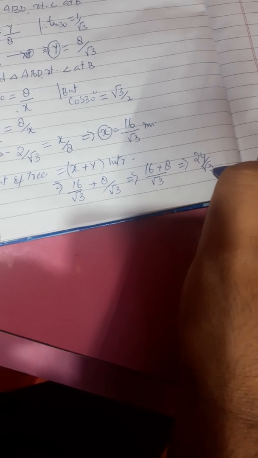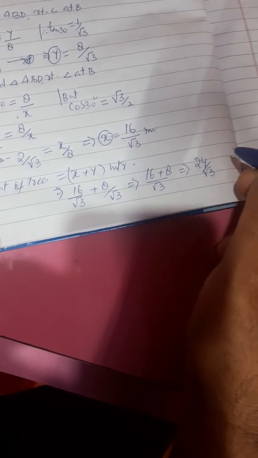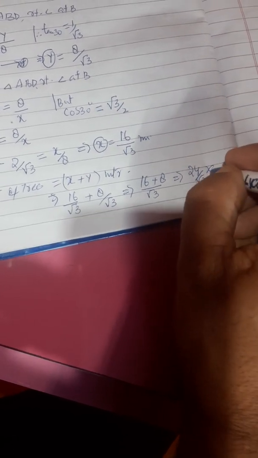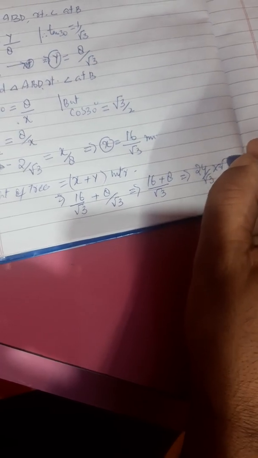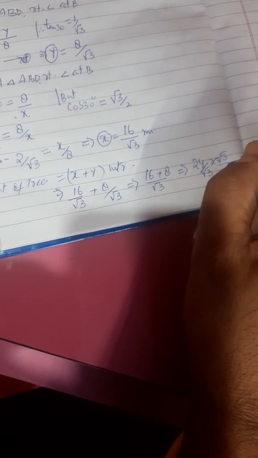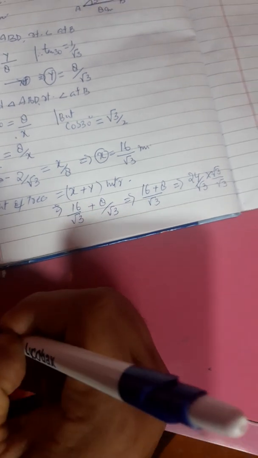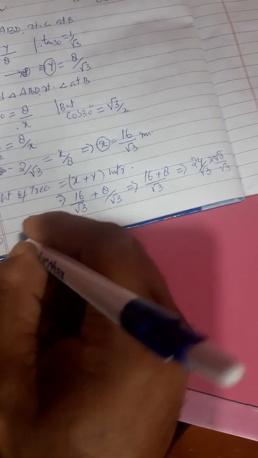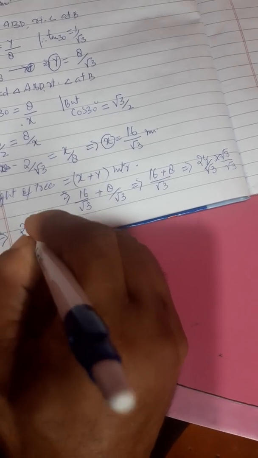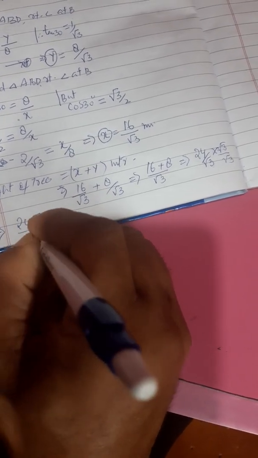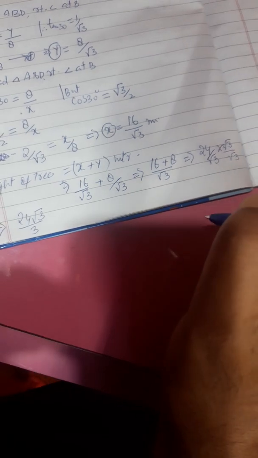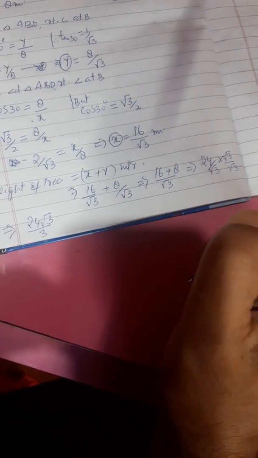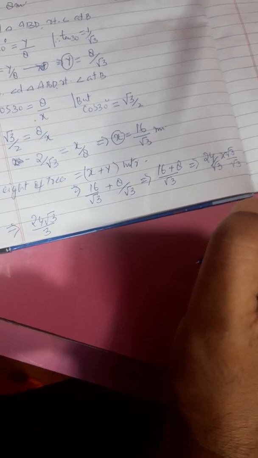But dear students, we have a root in the denominator, so we will go for rationalization. We will rationalize it by under root 3 by under root 3. That will give us 24 under root 3 by 3 only, because under root 3 into under root 3 means under root 3 square, the root cancels, and we get 3.